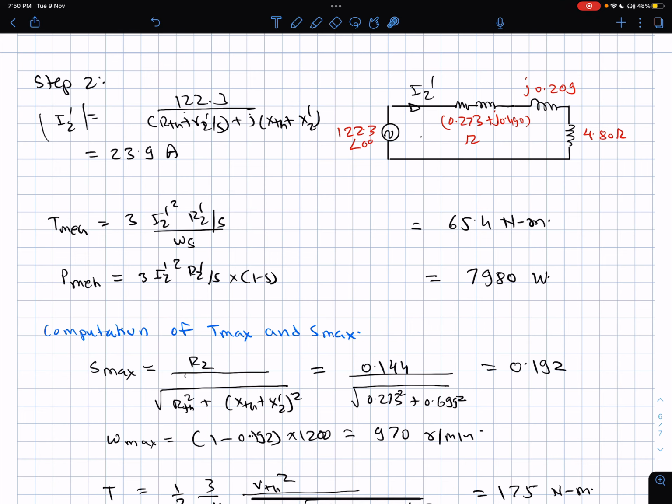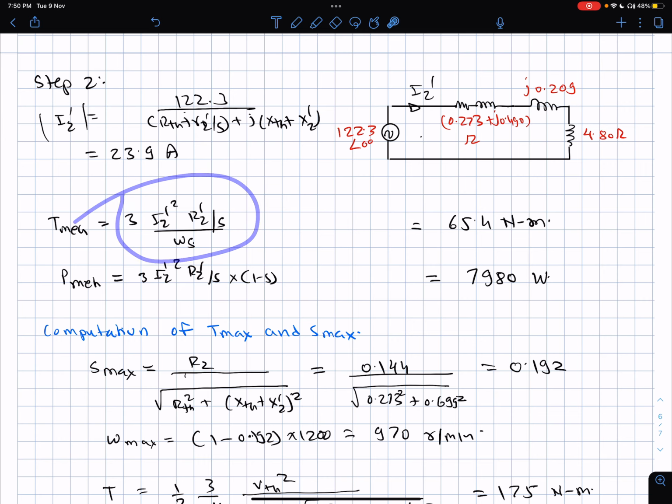Once you know R2 dash by S, you know the power which is transferred to the secondary through the air gap. 1 minus S of it becomes the mechanical power, and omega S into 1 minus S becomes the rotor speed. So 1 minus S goes away.